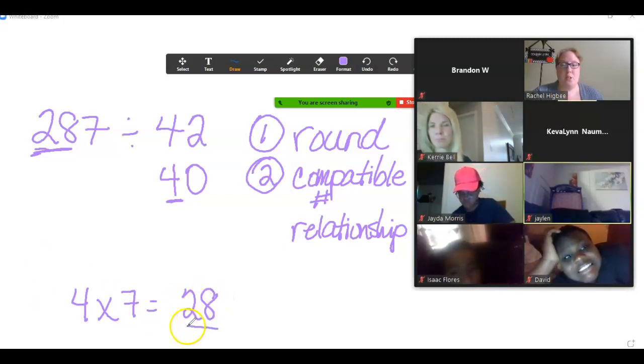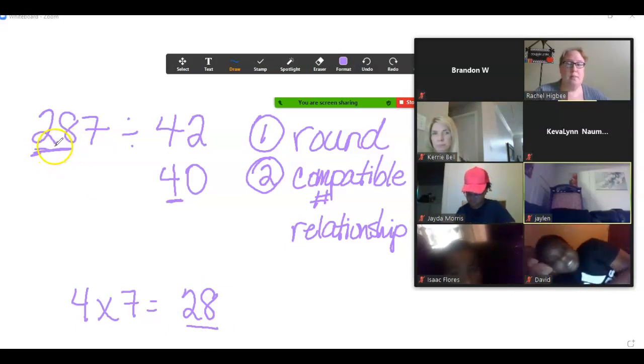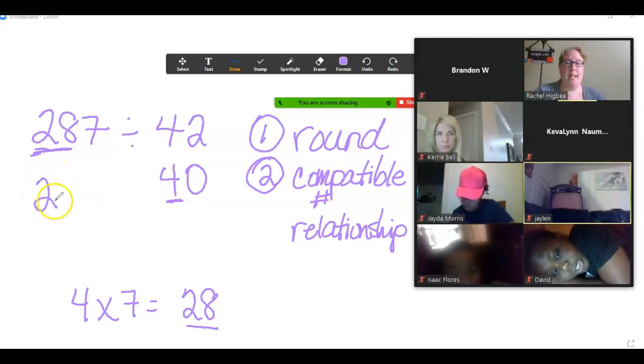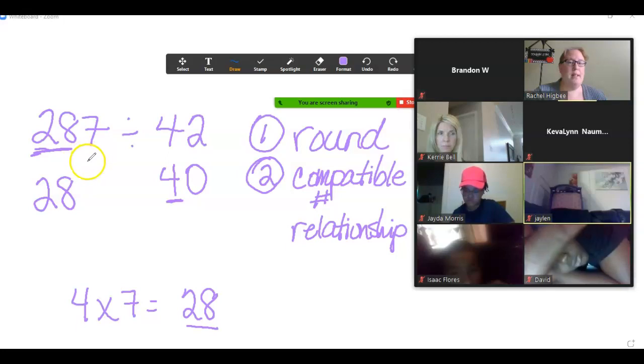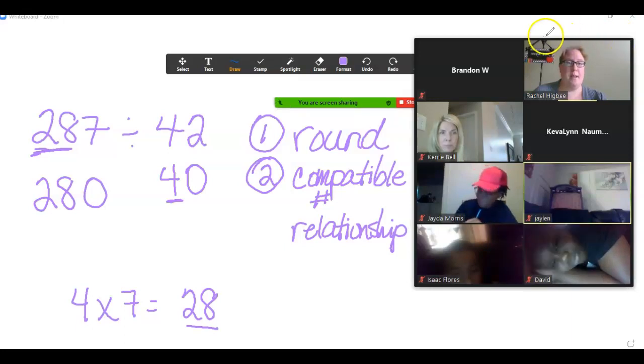So since this is a 28 and this is a 28, and it does have a relationship, I'm going to keep the 28. But anything after that now becomes a 0. Okay? I need to know if anybody has a question before we move on from that step.